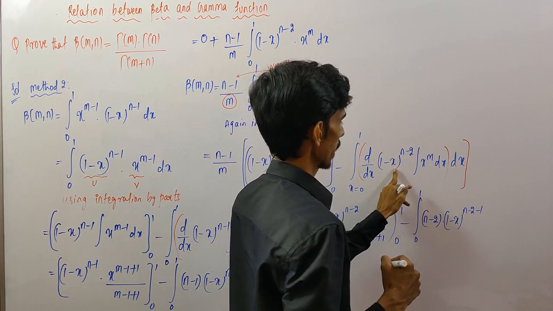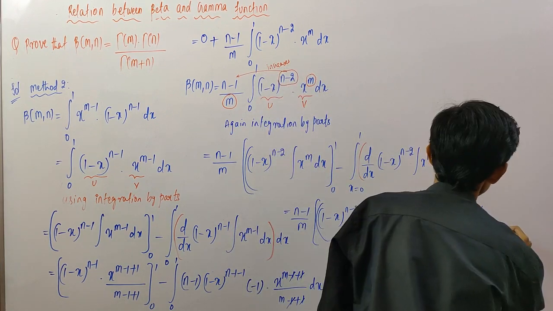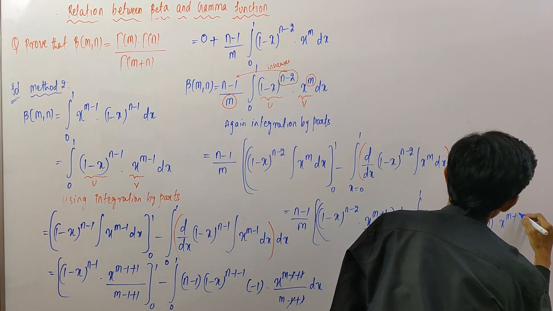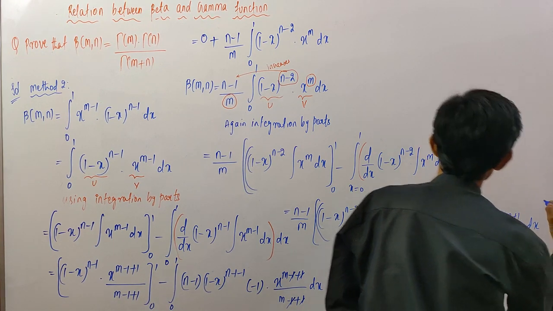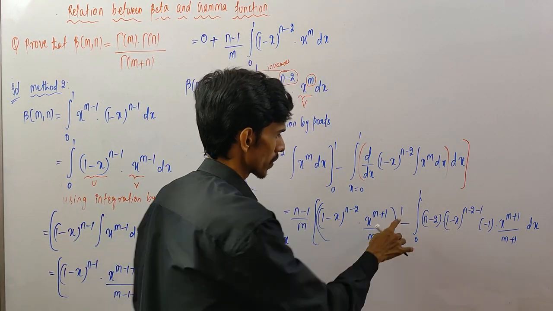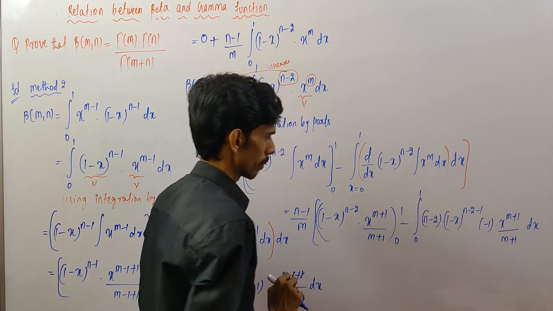The internal derivative of 1 minus x is minus 1. Integration of this term, x power of m, is x power of m plus 1 divided by m plus 1, dx. Now if I substitute this upper limit 1 here, we have 1 minus 1, the complete term will become 0.